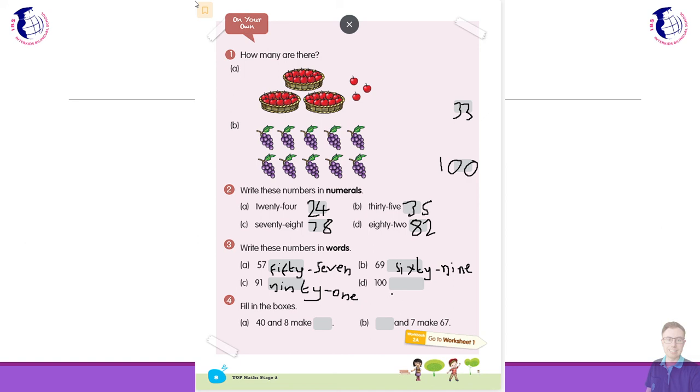And then finally we have a 100 for the last one. Does anyone know how to spell a 100? Oh, don't forget the E there as well.